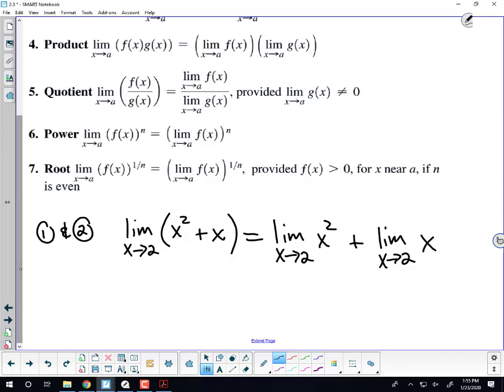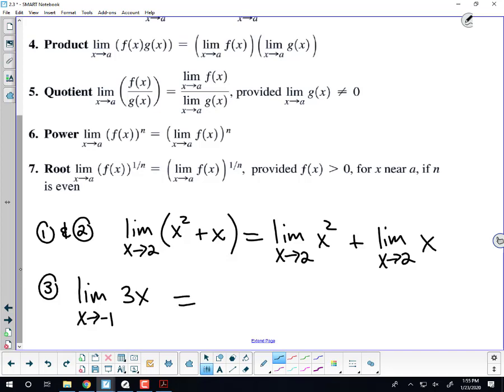Okay. 3 is the constant multiple. It just says if you have a constant multiple times a function of x, like the limit as x approaches -1 of the function 3x. Again, we can look at that in a couple of ways. One, we know 3x is a linear function, so I can just plug the -1 directly in for x.